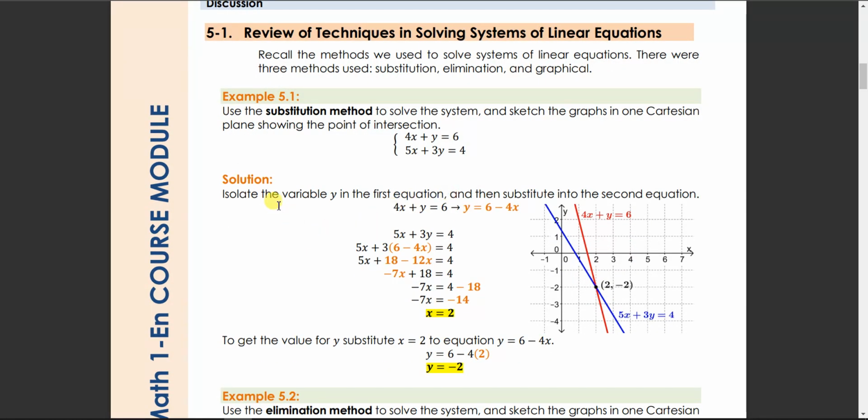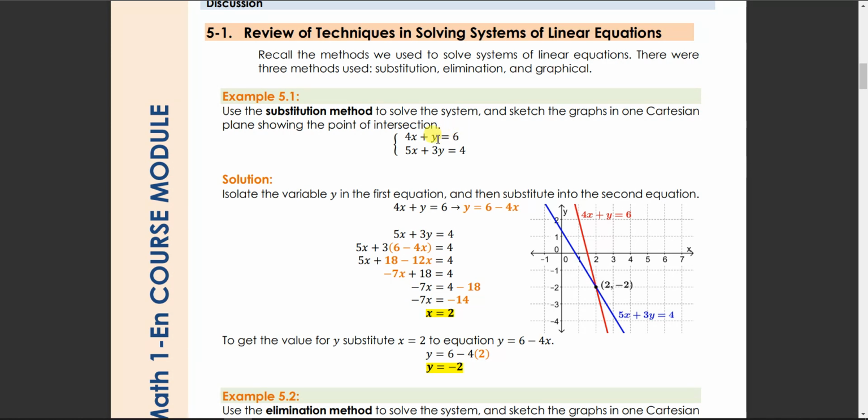First, we are going to isolate the variable y in the first equation and then substitute into the second equation. So substitution method gani. We are going to manipulate the first equation, 4x plus y is equal to 6, so we are going to solve y in terms of x. Dapat ang atong left side sa equation is just the y, and the constant o katong other variables kay dapat na siya sa right side.